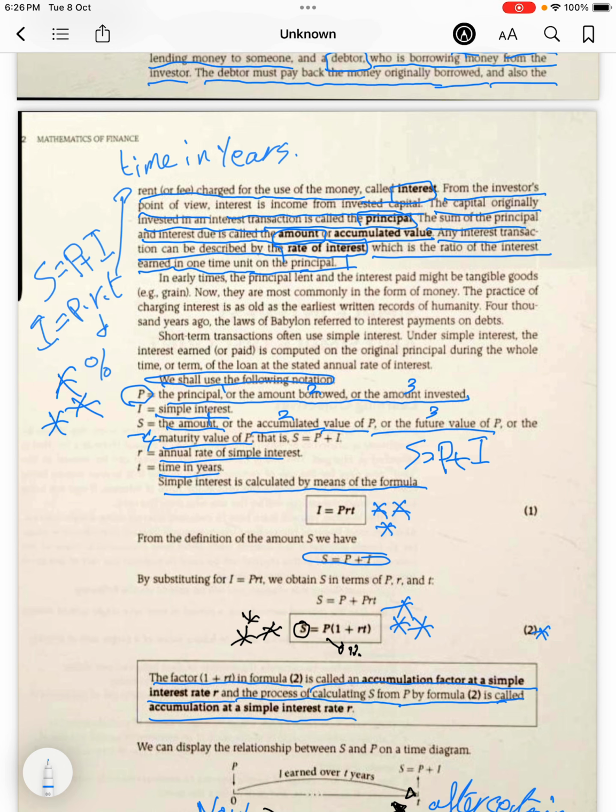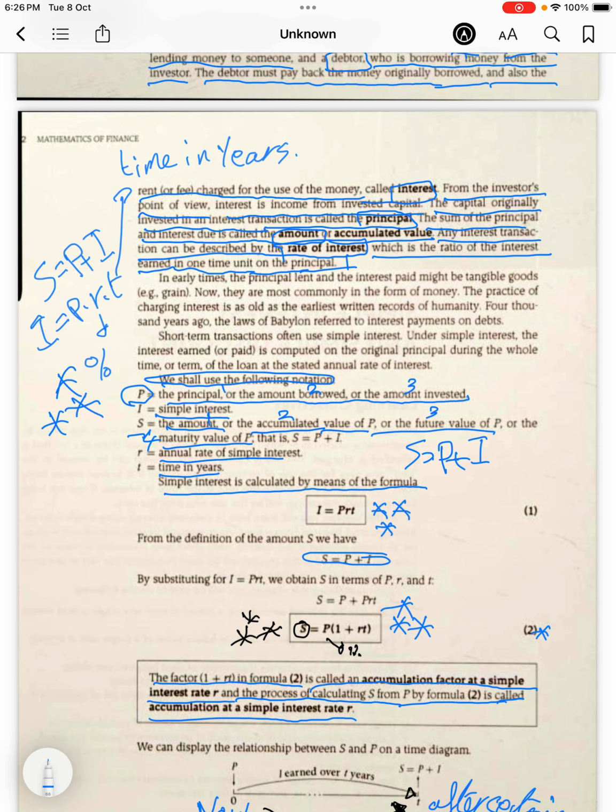S is the amount, the accumulated value of P, the future value of P, or the maturity value of P. That is S equals P plus I. R is the annual rate of simple interest, T is time in years. Simple interest is calculated by the formula I equals PRT, where P is the principal, R is the interest rate, and T is time in years.